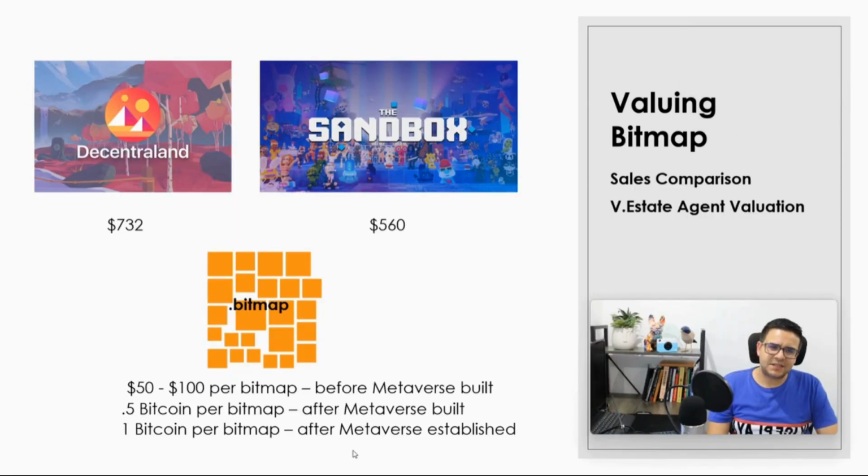So I'm going to give this a little bit of a virtual estate agent valuation. And this may seem like I'm plucking a figure out of the air. However, I'm looking at it in comparison to Decentraland and Sandbox, which are projects that have been well established and at a much higher value.